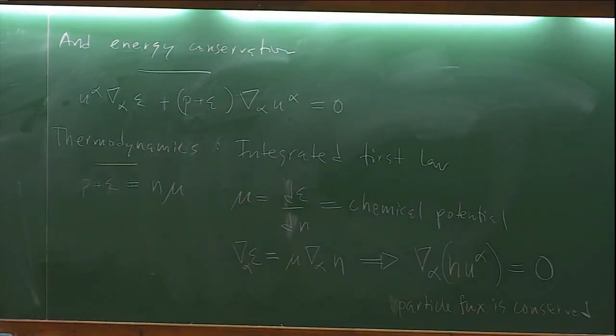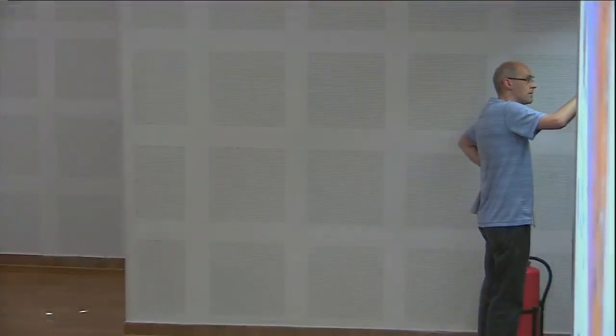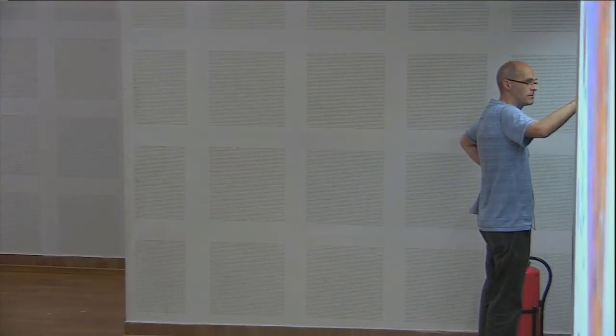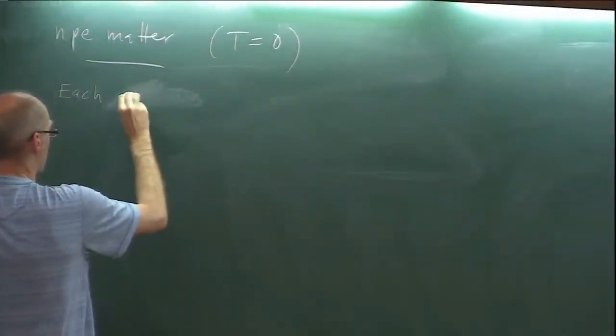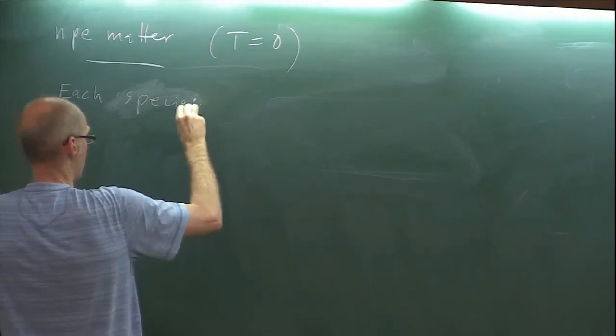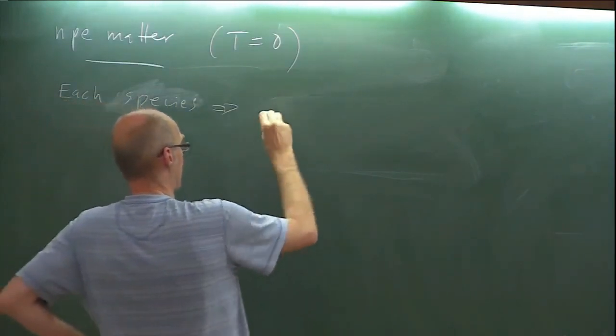Okay? So let's take matter made out of neutrons, protons, and electrons. Let's assume it's at 0 temperature, which is really a cheat, but let's do that. Wouldn't be difficult to put this in, but I would have to tell you some more stuff. Then, in general, each particle, or species is better, each species has a chemical potential.